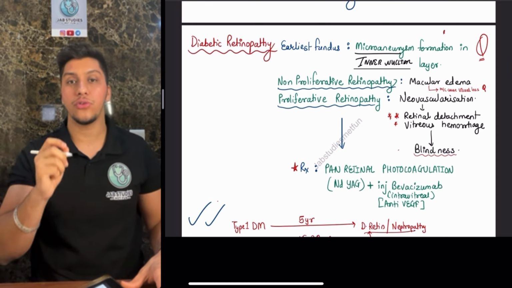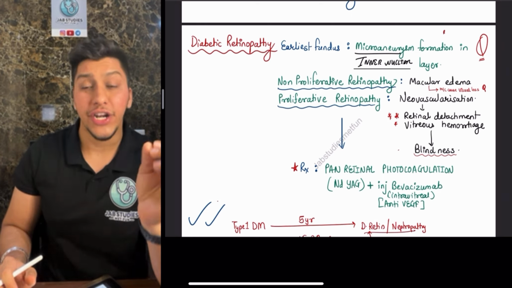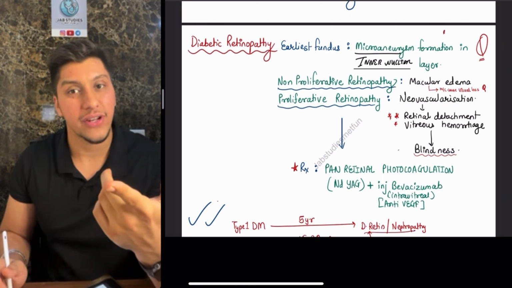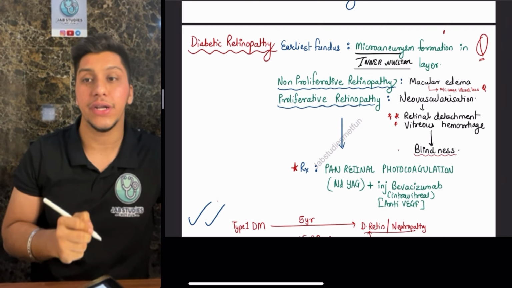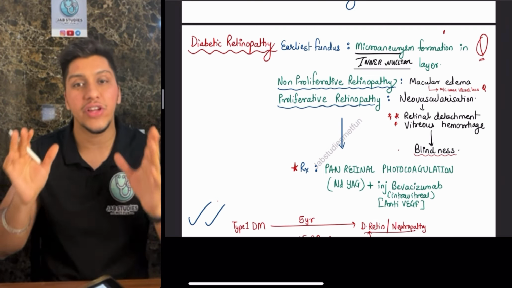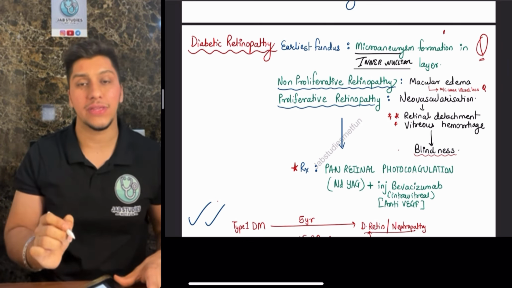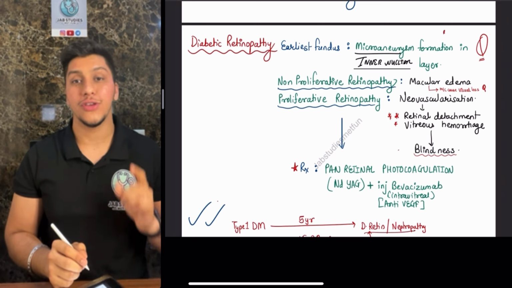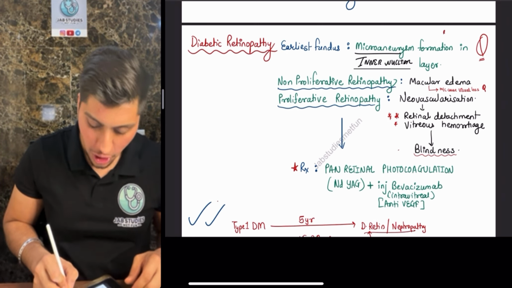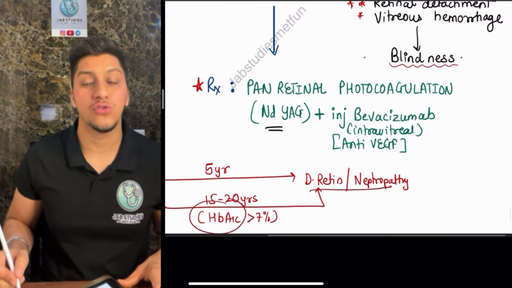If you talk about proliferative retinopathy, it is because of neovascularization, new blood vessels begin to form, which causes retinal detachment, vitreous hemorrhage, and eventually blindness. Whenever you have proliferative retinopathy, the management is pan-retinal photocoagulation using an argon laser. Along with this, you can use an anti-VEGF known as bevacizumab.